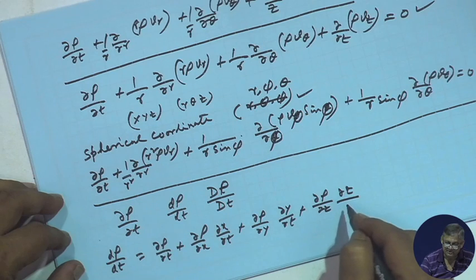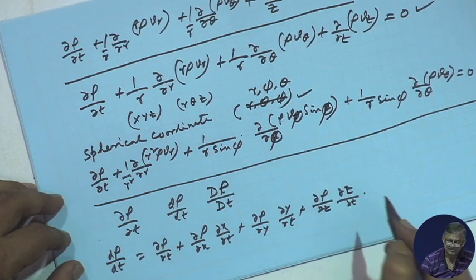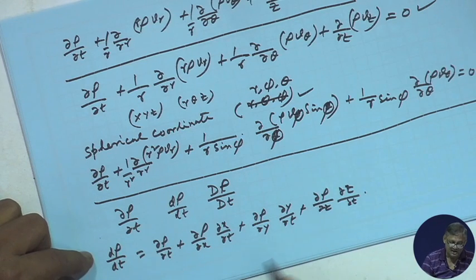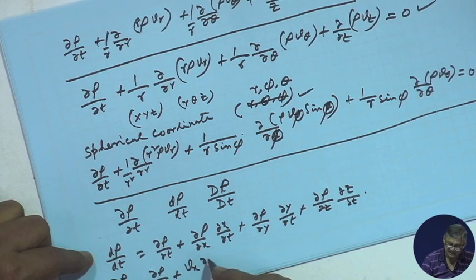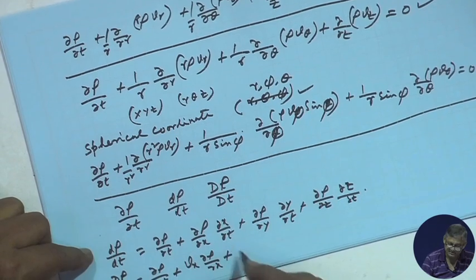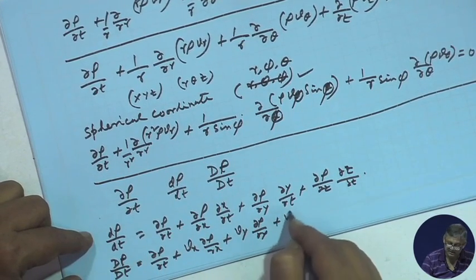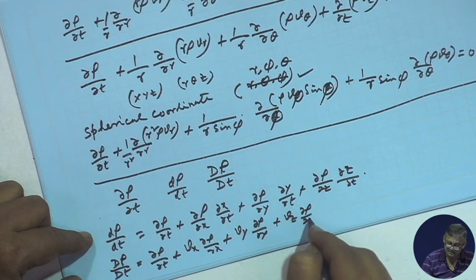This was for the total derivative, and for the substantial time derivative we had shown that D rho Dt is equal to del rho del t plus Vx del rho del x plus Vy del rho del y plus Vz del rho del z, right.